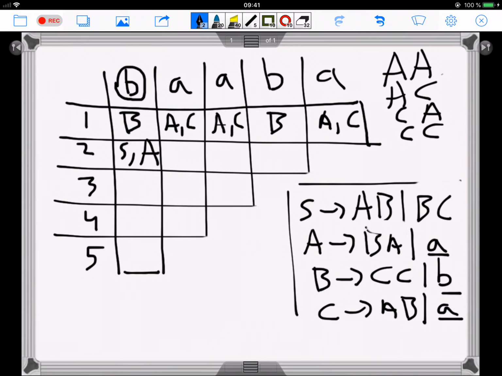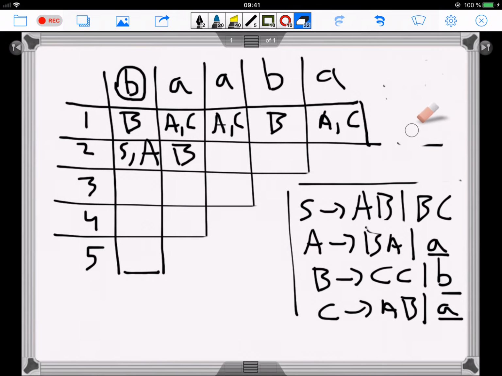And the only one of those that is generated is CC, which is generated by B. Okay, let me go a little bit faster with the other two cells in this row. So we have AB or CB. AB is generated by S and also by C. And CB is not generated by any variable.